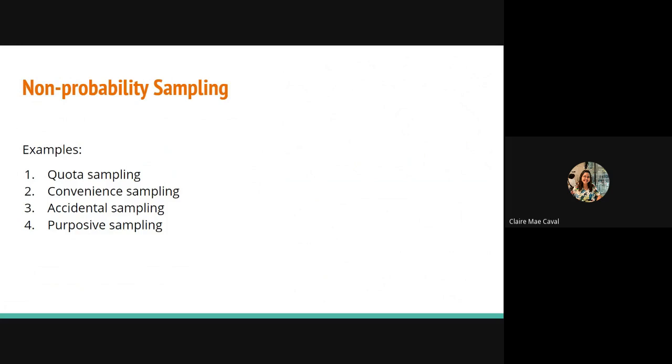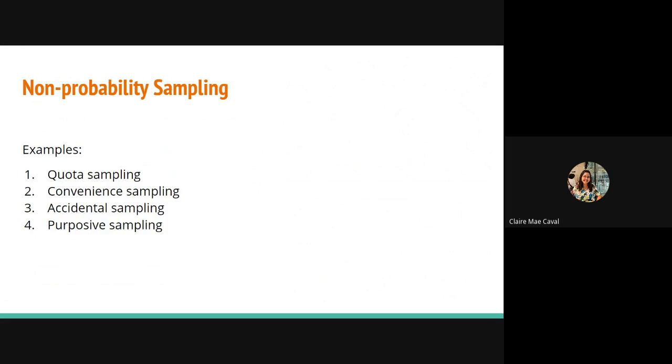Okay? So let's go back. Examples are quota sampling, convenience sampling, accidental sampling, and purposive sampling. These are self-explanatory, class. Purposive is based on the judgment of the researcher. So the researcher decides. This is one disadvantage because it is subjective.